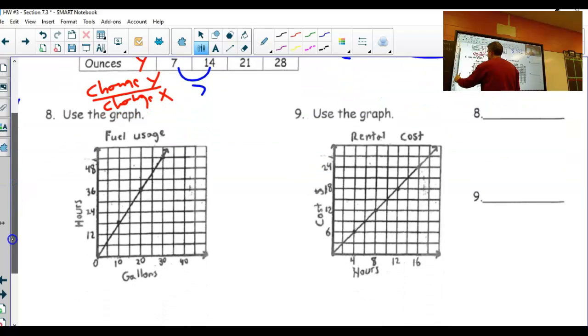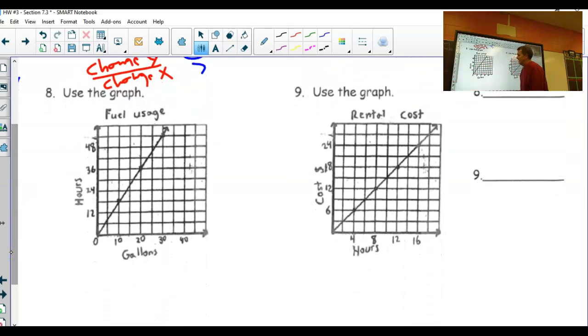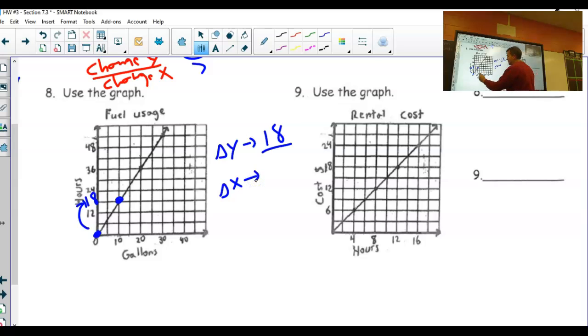Number 8, so it looks like 0, 0, and right here, that would be an 18. So it looks like the y has gone up 18. The change in y is 18, and the change in x is 10.